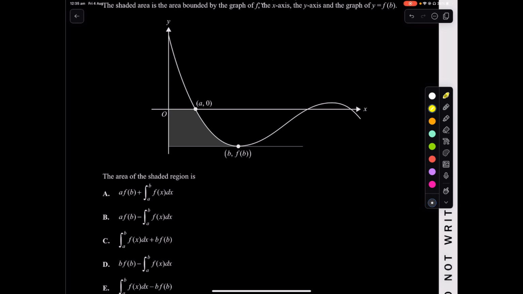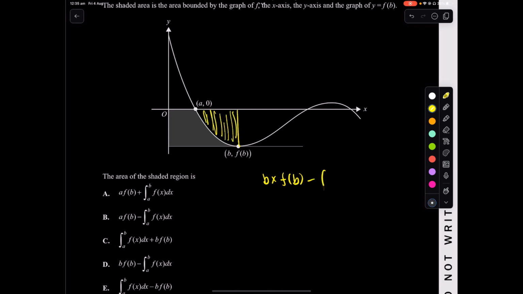Okay, so I know that this triangle over here, if I find the area of this triangle, which is what? So I know this is B over here, so the distance is B times f of B, so that's the area. And what we can do is find the area integral, so minus this area from it.